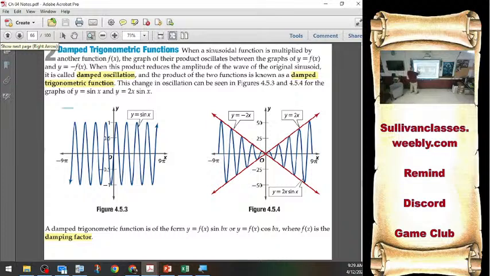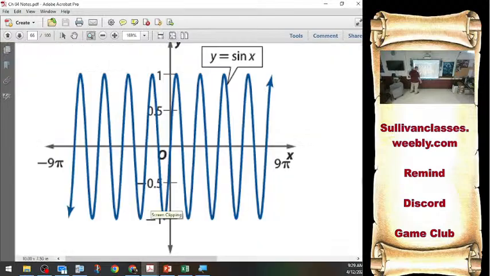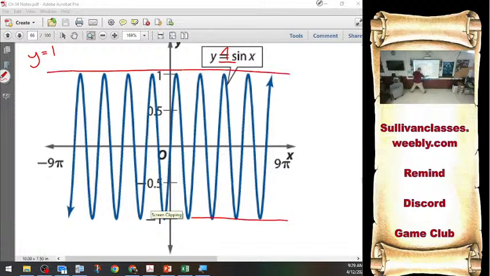So right now, the number in front of sine of x is 1. 1 is a constant. How would I graph the function y equals 1? It's just a horizontal line at 1. Plus or minus.